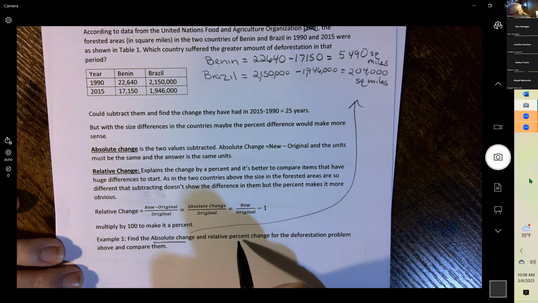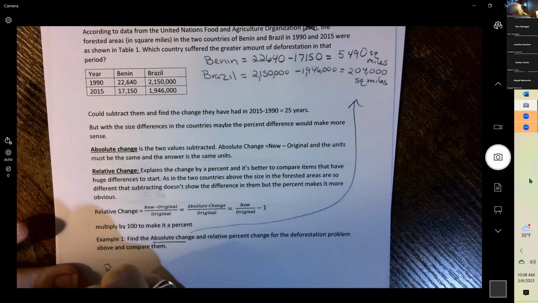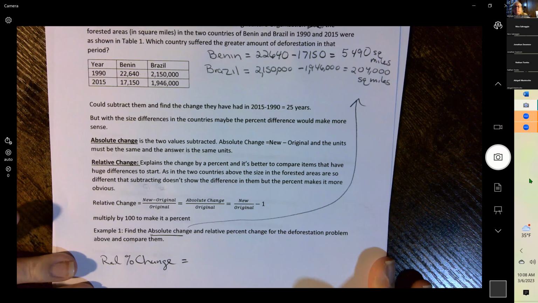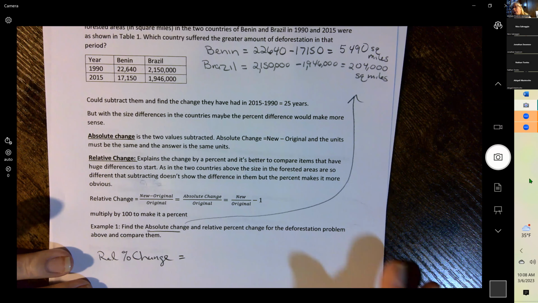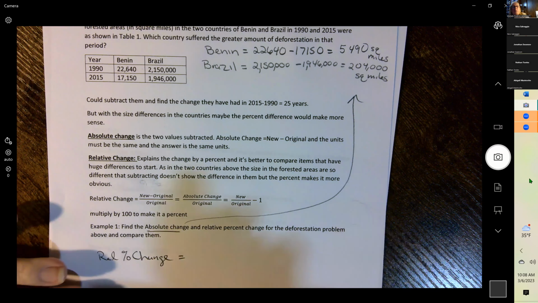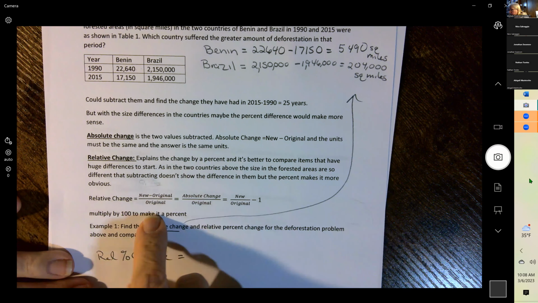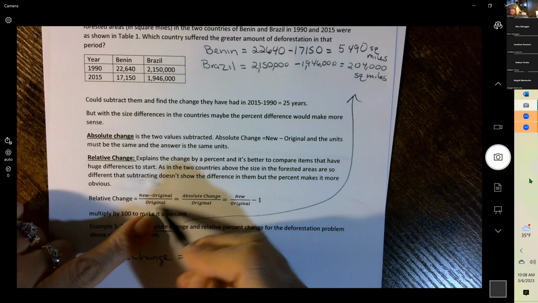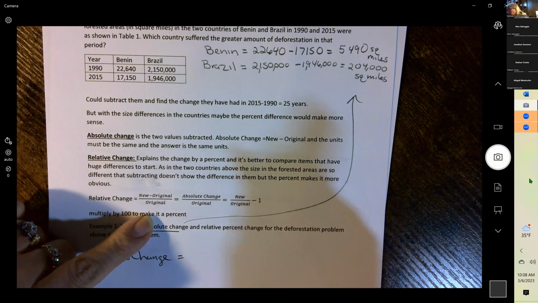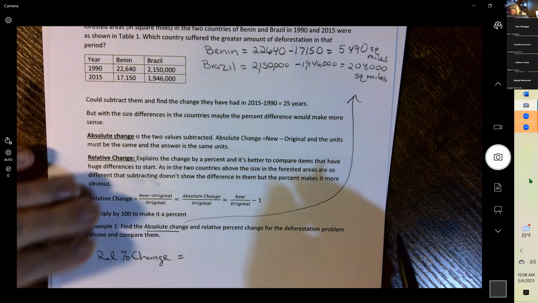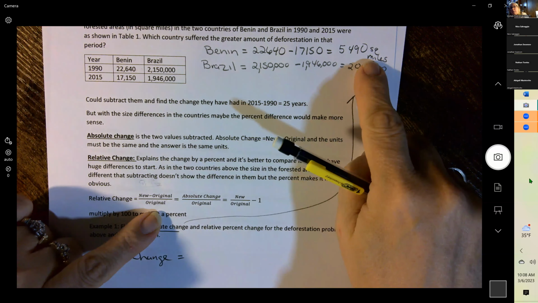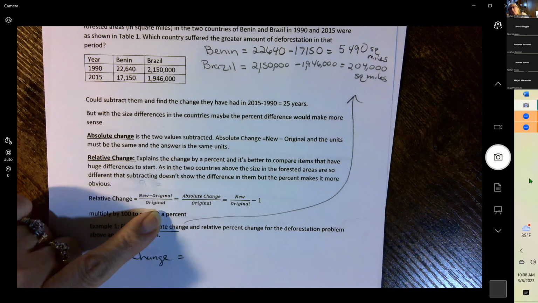Relative percent change: I prefer new minus original divided by original because then you remember what you're dividing by. That's what I use. But you can use absolute change also because we already subtracted them, and then you just divide by the original.